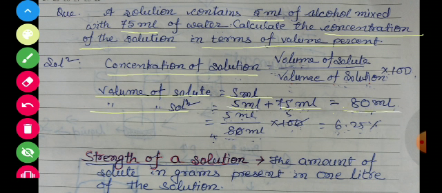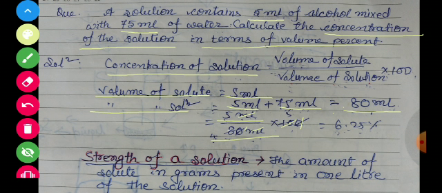Now putting this value in the formula of concentration of solution, we will get 5 ml by 80 ml into 100. Here ml got cancelled, and 10 of 80 and 10 of 100 got cancelled, and finally 2 5s are 10 and 2 4s are 8.